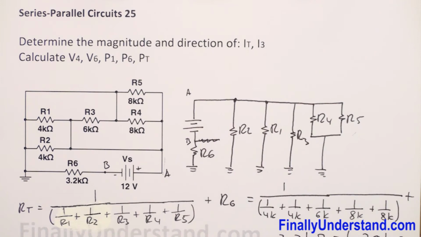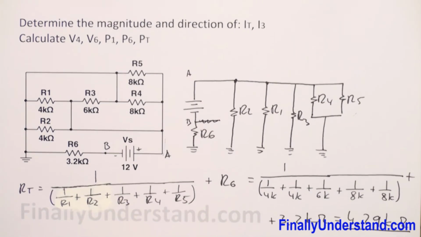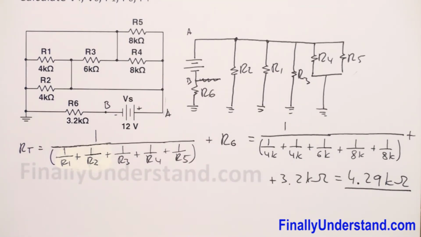Okay, so this is my total resistance. Next, I'm supposed to find the total current. I total is equal to the voltage source over R total.